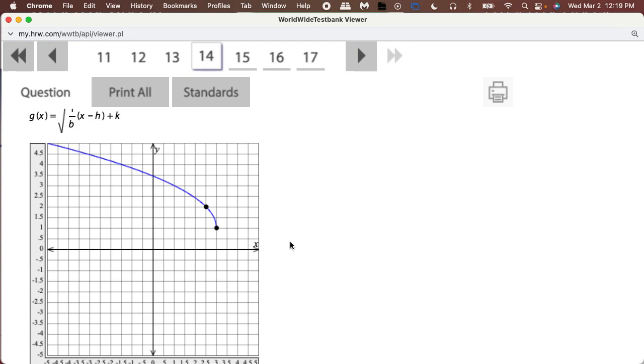It could be down 1, run a half, but what's a reciprocal of half? You still get -2. So either way, this is where it goes in for 1/b. Okay? You go from the marked points. If you don't use their marked points, you won't get it right. This one is H and K.